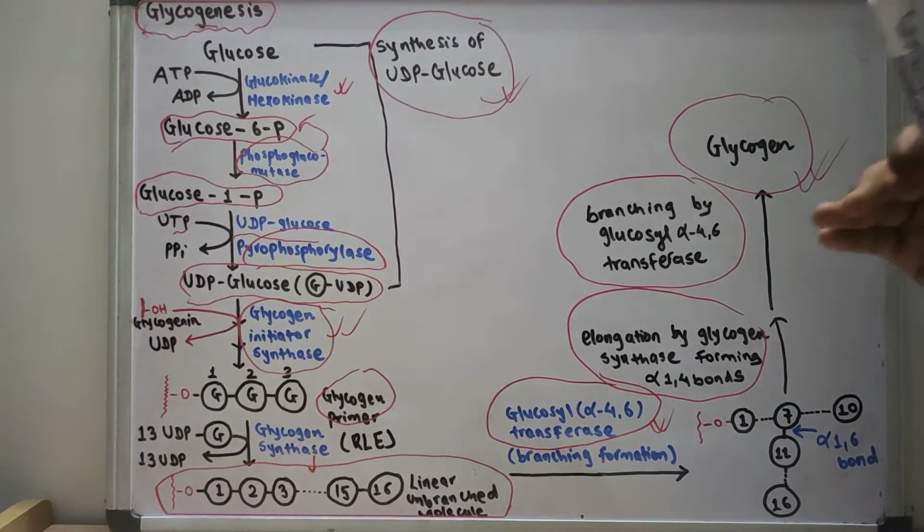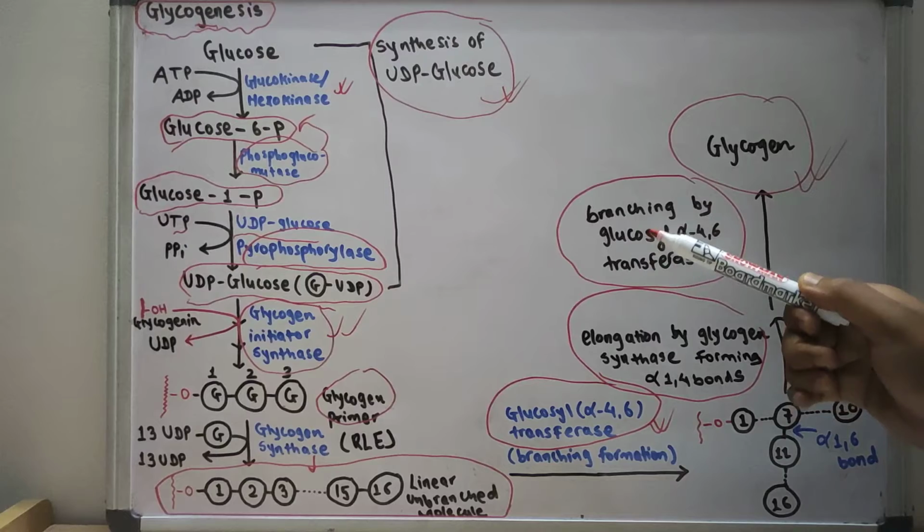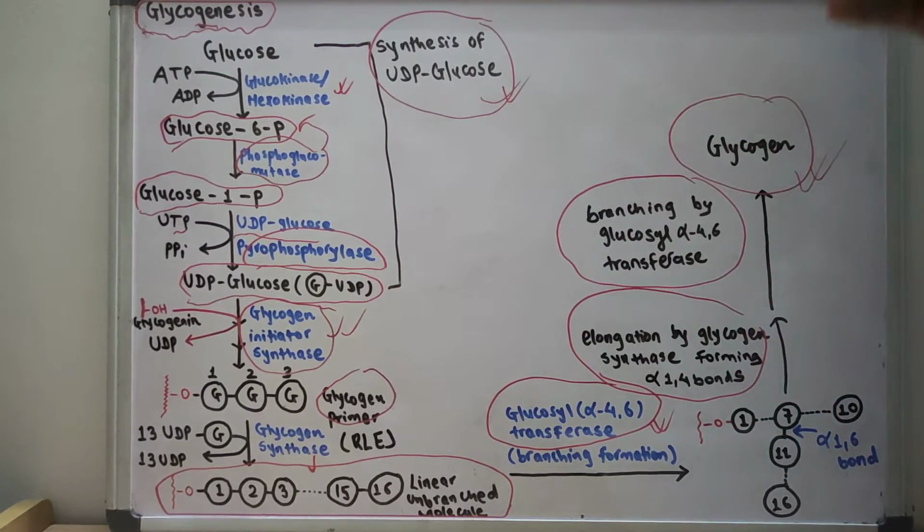And this step occurs repeatedly. So there will be elongation by the glycogen synthase forming alpha 1,4 bonds, and there will be branching by the glucosyl alpha 4,6 transferase. So the linear molecule of glycogen forms, and later on the branching is done by the glucosyl alpha 4,6 transferase.